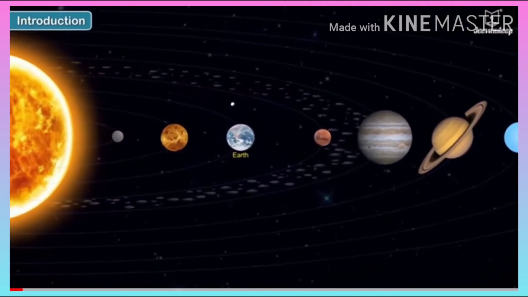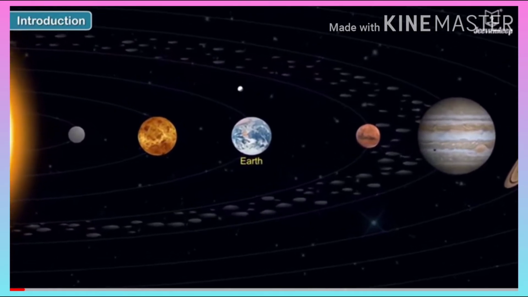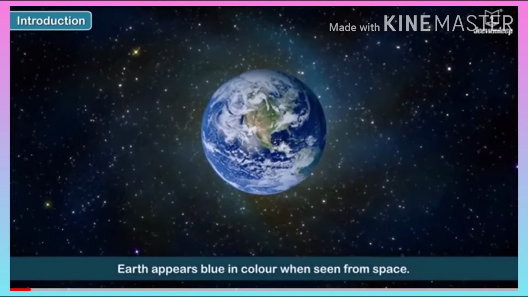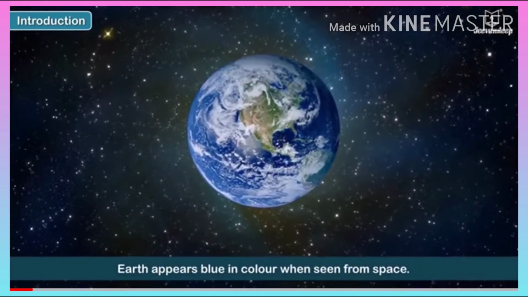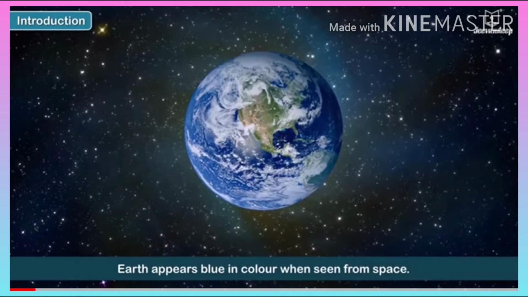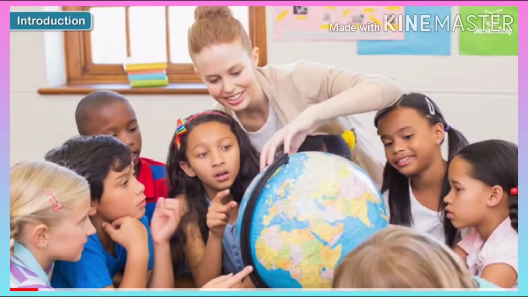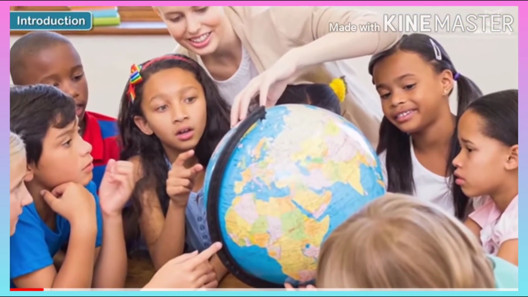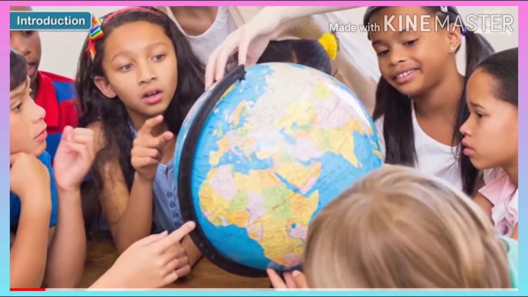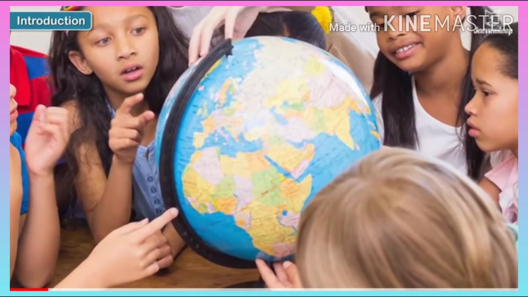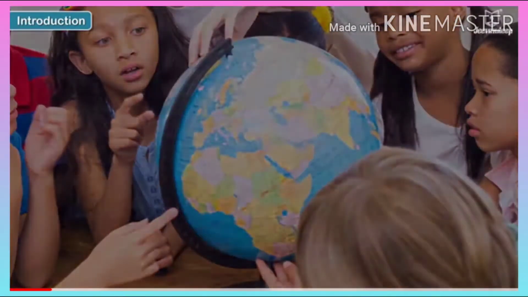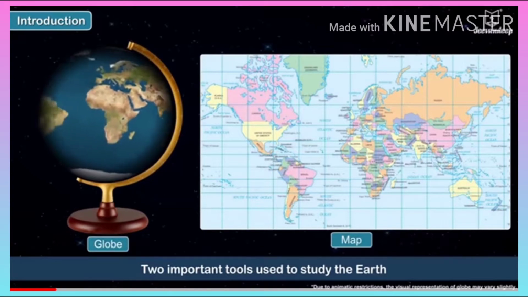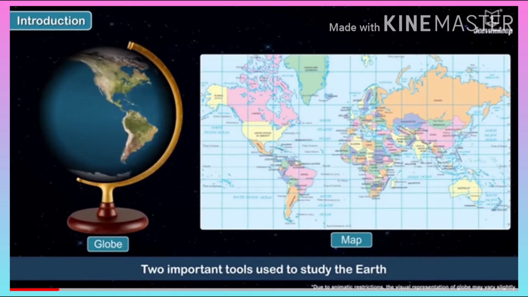Our planet Earth, like all other planets, is spherical in shape. It appears blue in color when seen from space. However, had there not been a small model of this huge planet, it would be impossible for man to locate far-off places on it. 2 important tools used to study the Earth are globes and maps.